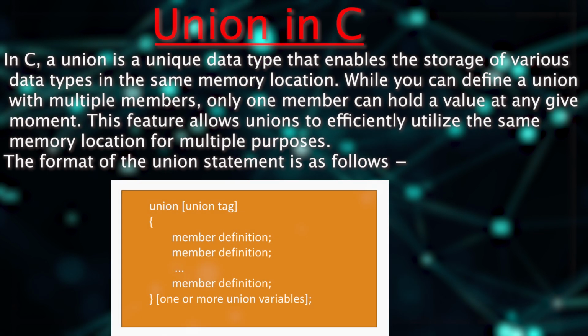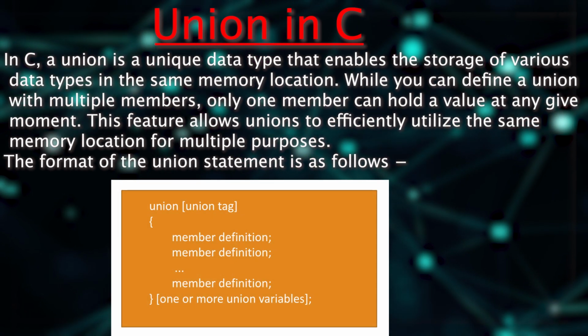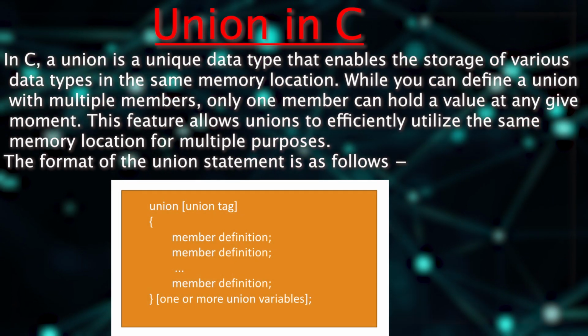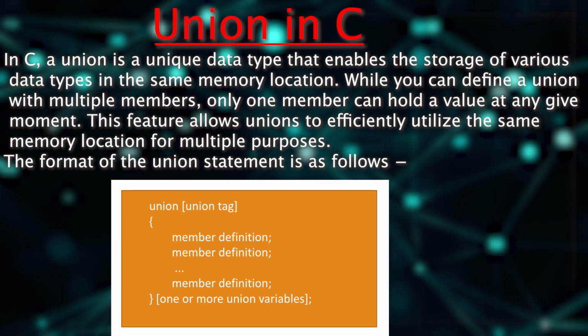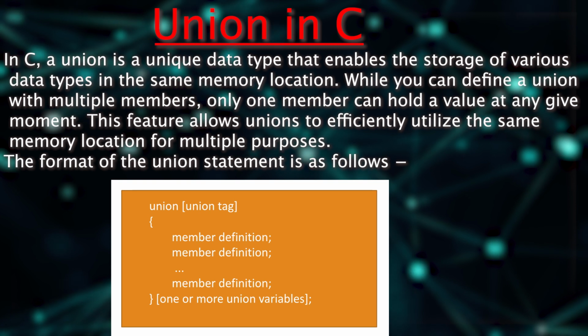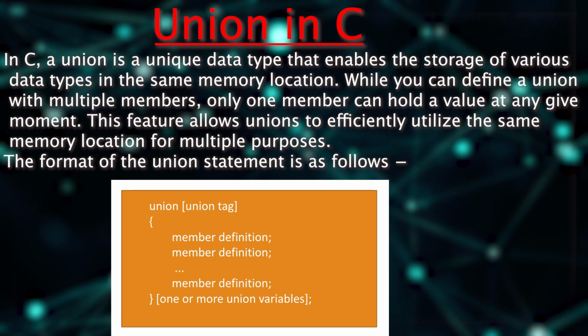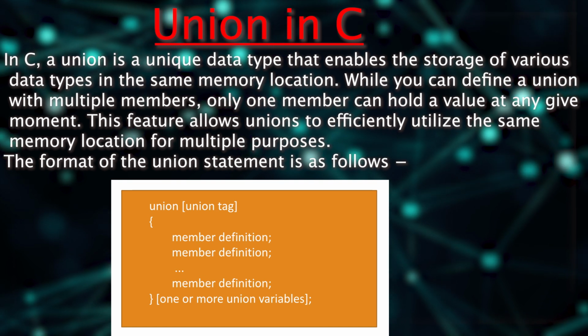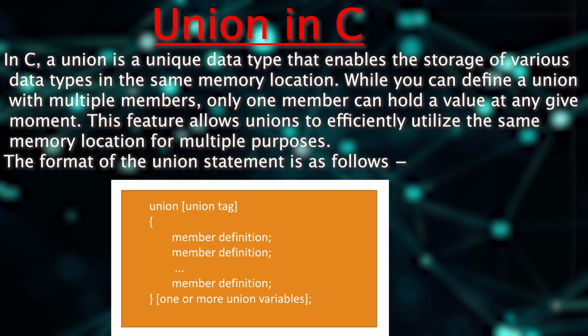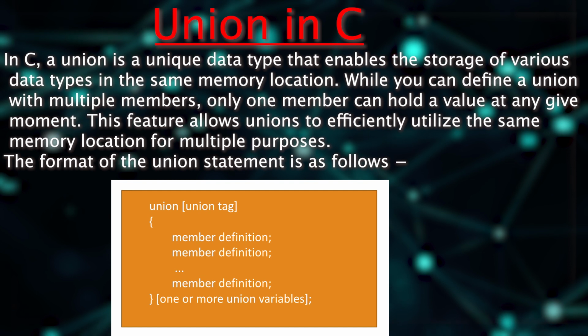The size of a union is determined by the largest member. In C, a union is a unique data type that enables the storage of various data types in the same memory location. While you can define a union with multiple members, only one member can hold a value at a given time. This feature allows a union to efficiently utilize the same memory location for multiple purposes.